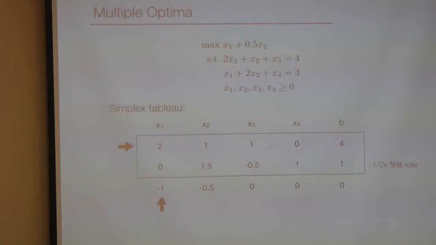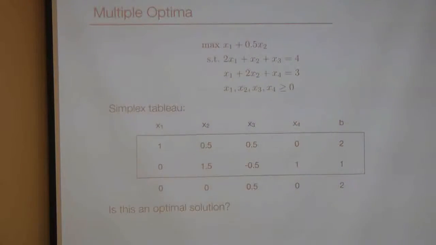We obtain this row. Now, we can obtain 0 here by adding 1/2 of the first row to the final one. Okay. So that's what we do. And to convert the 2 entry here to 1, we need to divide the whole row by 2. Okay. So we have obtained this simplex tableau.